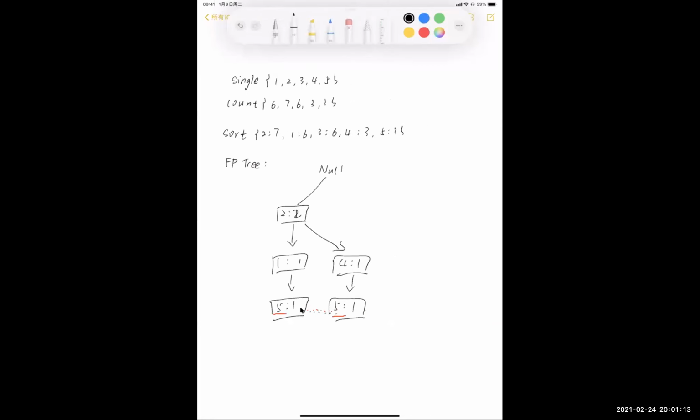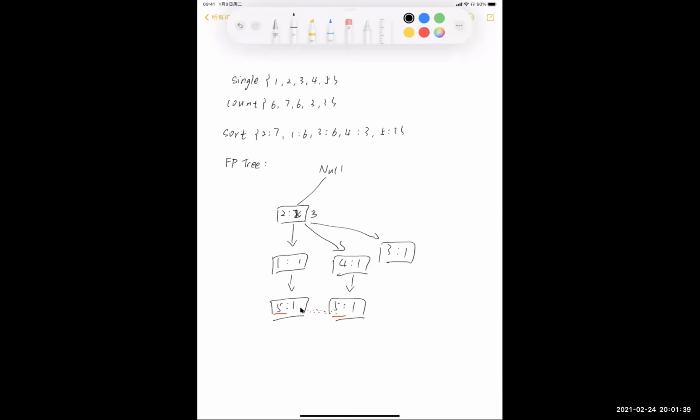So the third transaction is 2 and 3. So we share the 2. Now it is 3, and we need to have a new node, which is 3. Now the 3 has count 1. And the fourth transaction is 2, 1, 4.